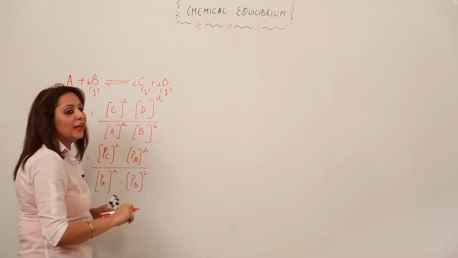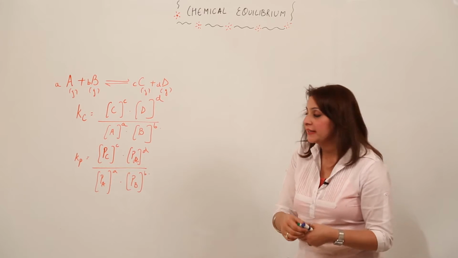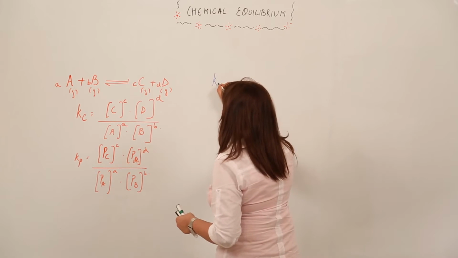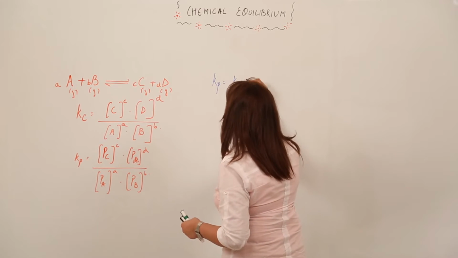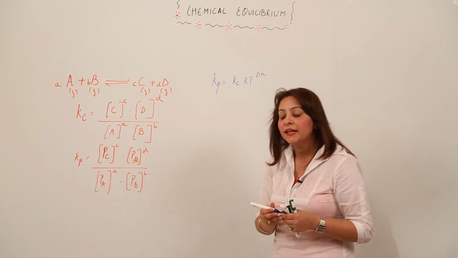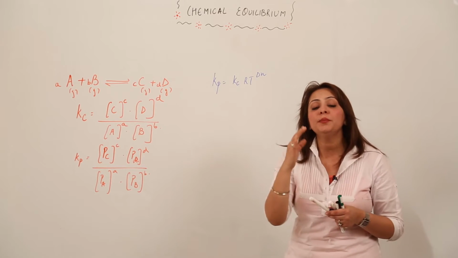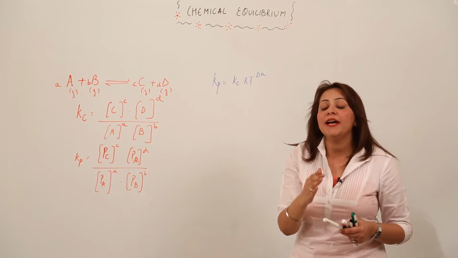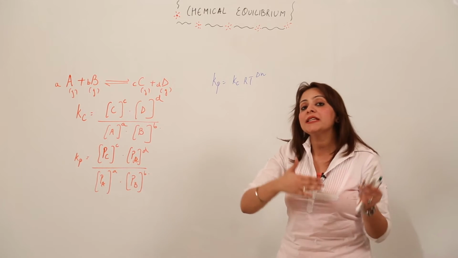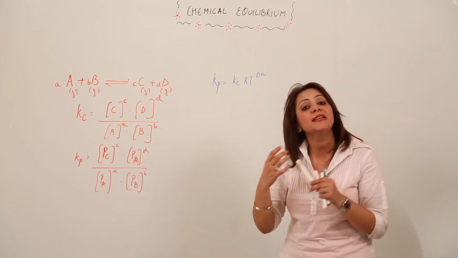This way we write an expression for the Kp, and as we have discussed, Kp and Kc are related to each other, and the relation is Kp equals Kc RT to the power delta n. You already know that now. So we are going to understand what particular conditions relate Kp and Kc, or when Kp is equal to Kc, when Kp is bigger than Kc, or when Kp is less than Kc.